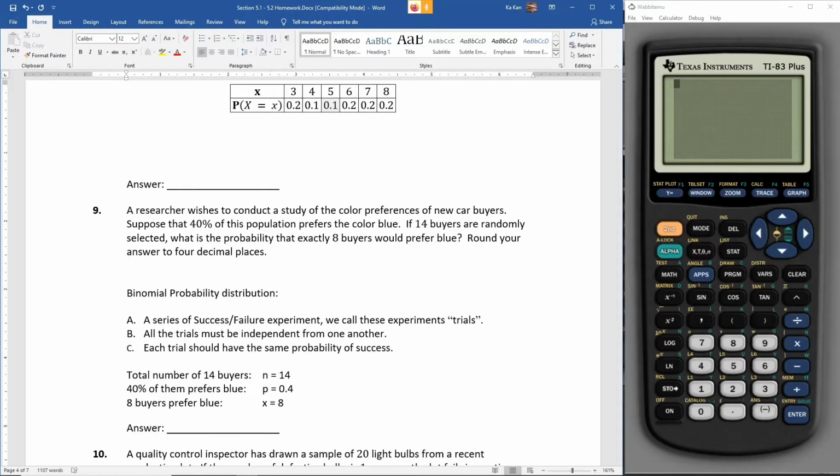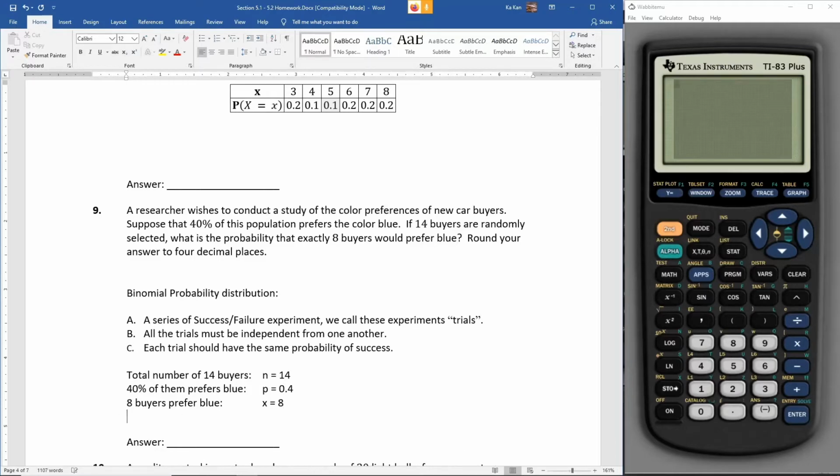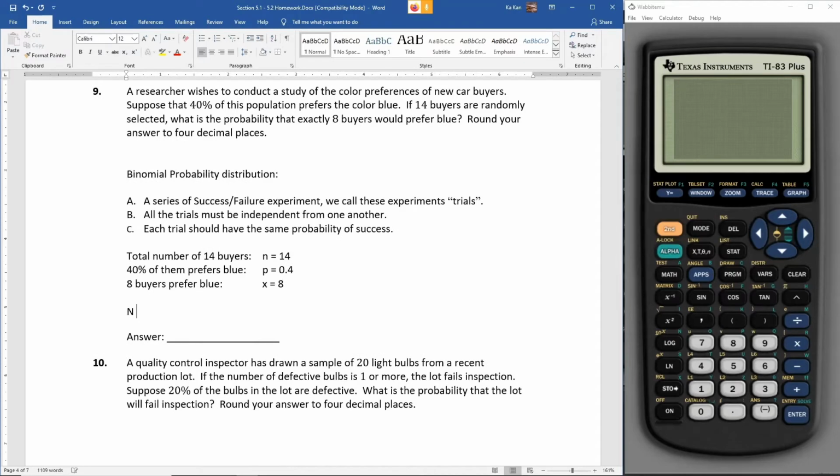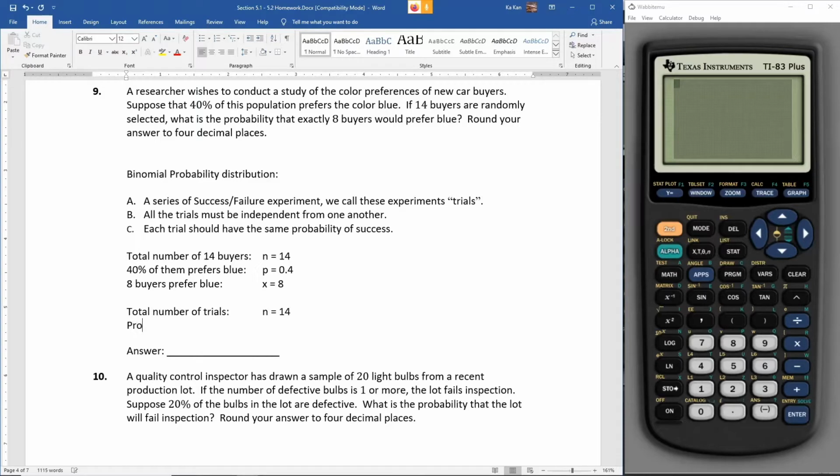Right. So I should maybe write down here just kind of like the legend, or what they mean. N is the total number of trials, N equals 14. The success rate, or the probability, P equals 0.8, 80%.